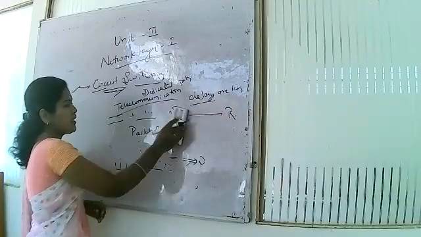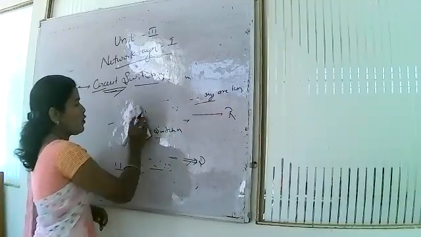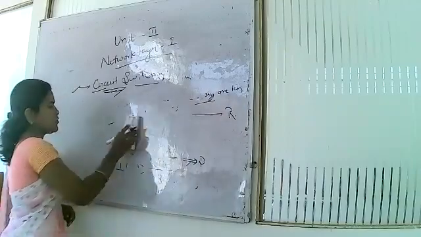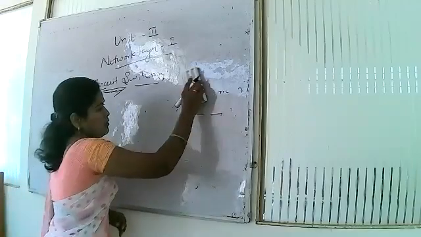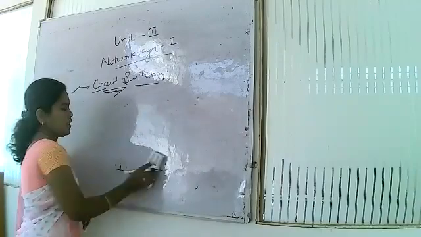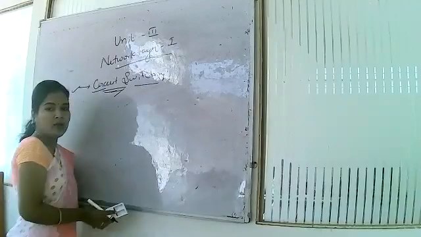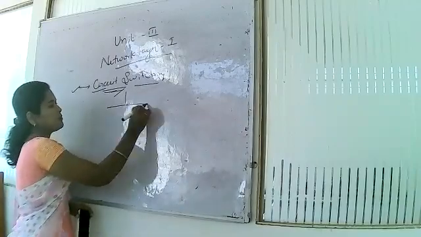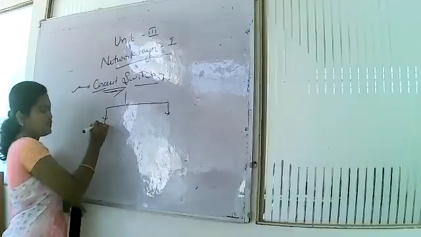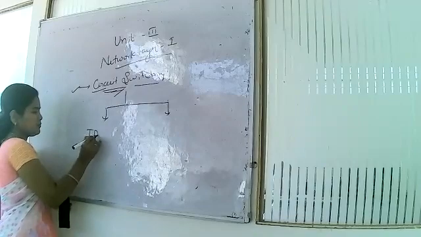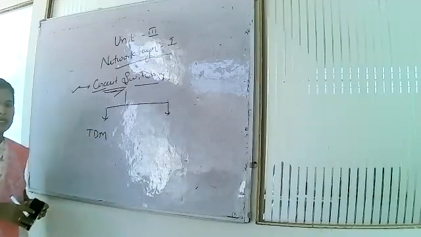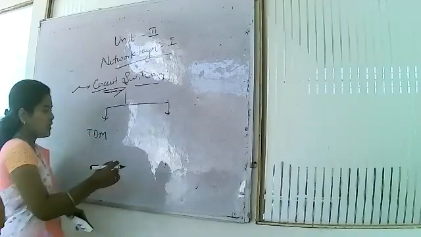And there are two types of circuit switching. Now we will study the types of circuit switching. First one is TDM, time division multiplexing.